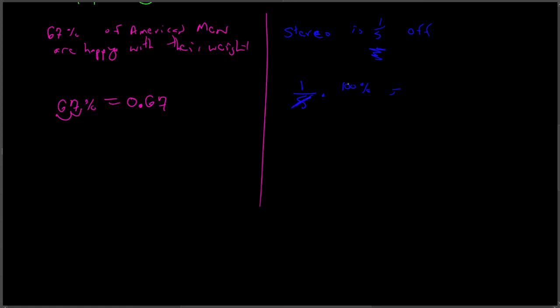And 5 goes into 100 20 times, leaving a 1 down here, and that's 20%. So 1/5 off is 20% off. And so this is what percentages do. They're a special way of looking at ratios and rates, and a very specific set of ratios are what we focus on. We'll continue exploring these.